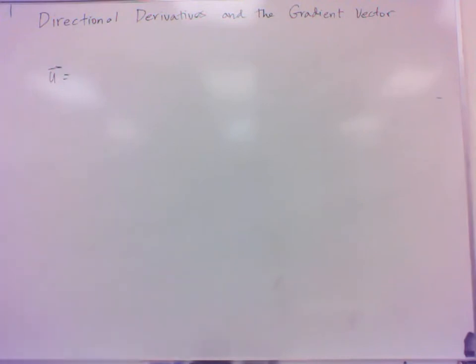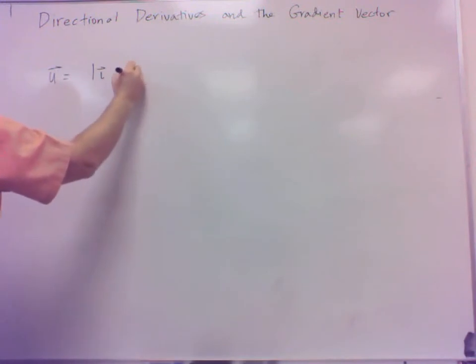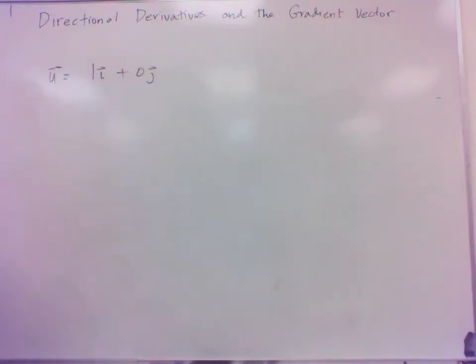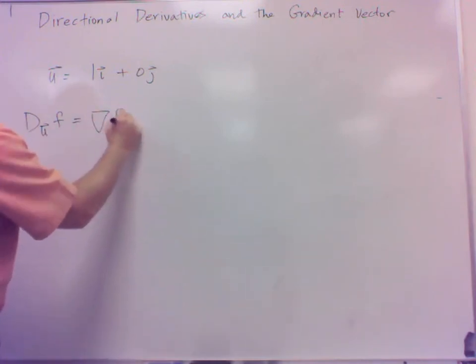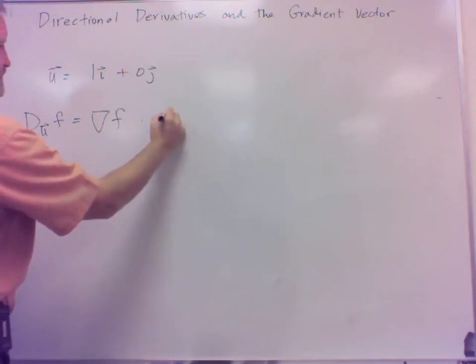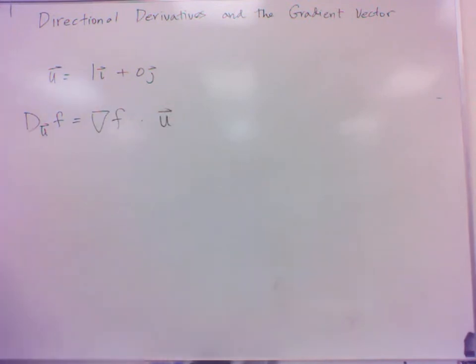Well, the unit vector would be 1i plus 0j, right? And so if we take the directional derivative with that unit vector, we've got the gradient of f dotted with the unit vector there. What do we got?